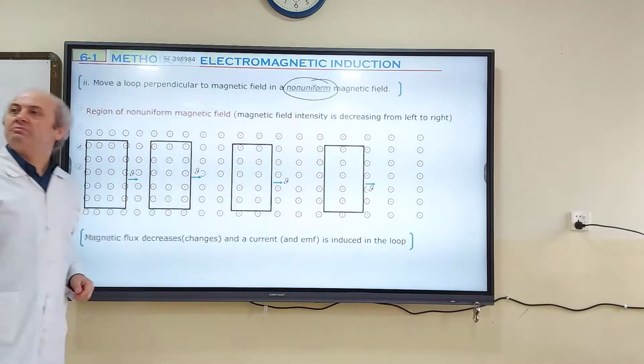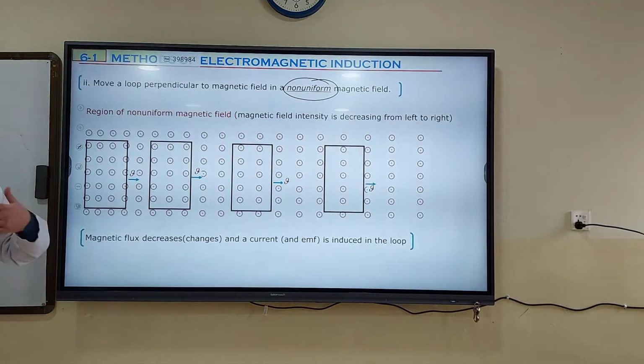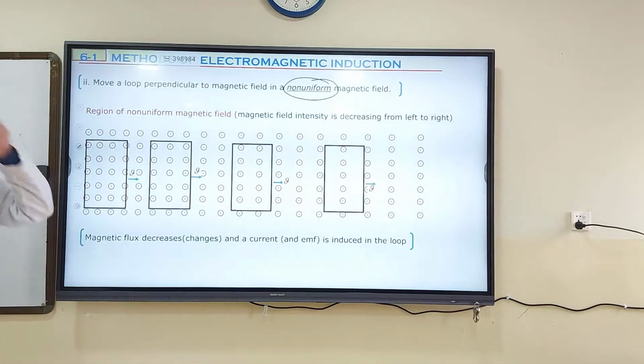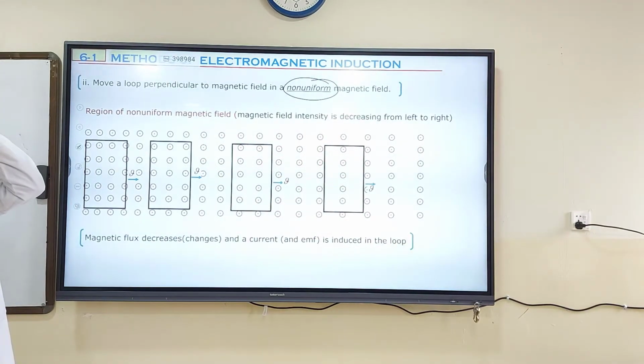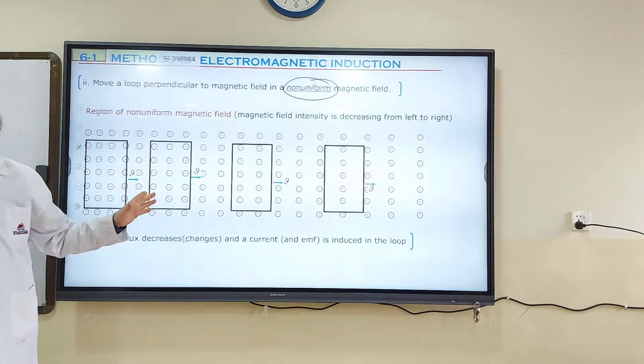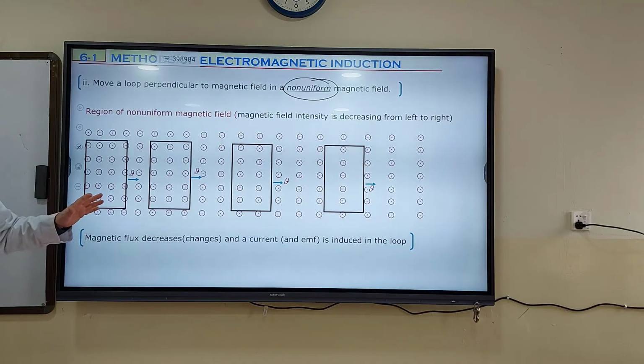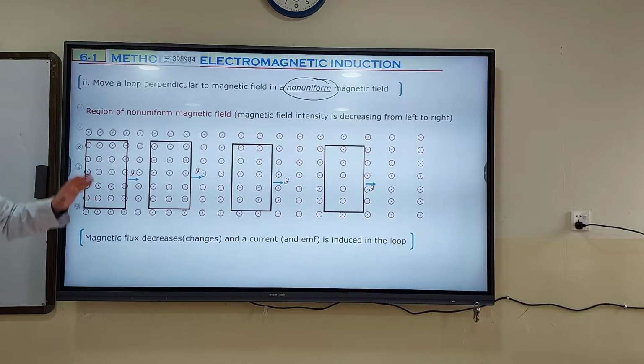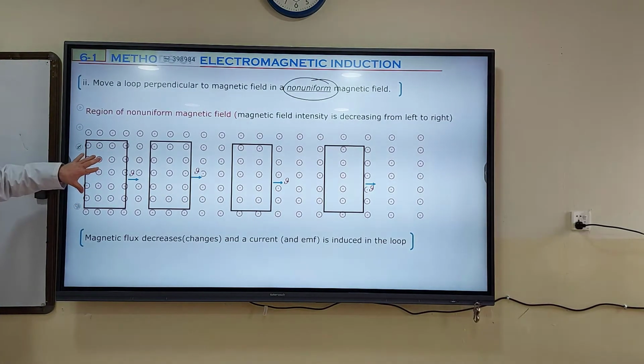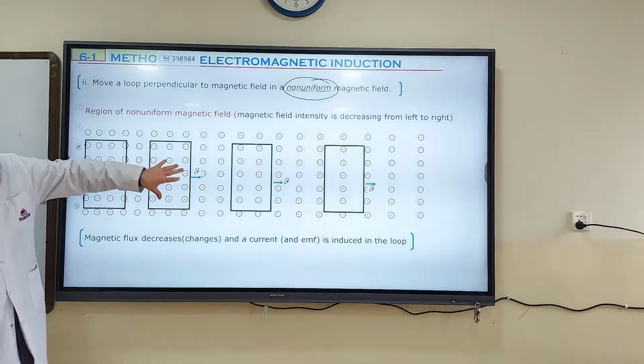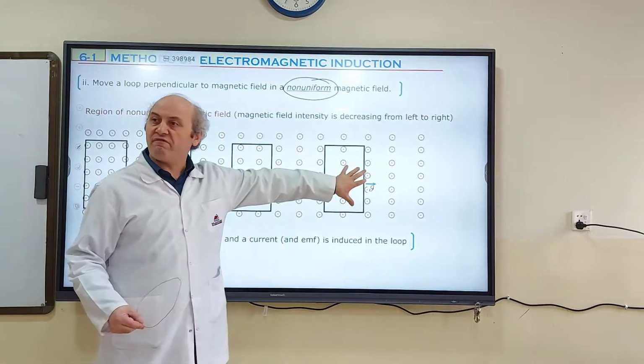If there's a change in magnetic flux, should we observe an induced current? Yes. The keyword is change in magnetic flux. If you are making a change in magnetic flux, there will be an induced current and an induced EMF. Here magnetic flux is 20, here 15, here 10, here 5.